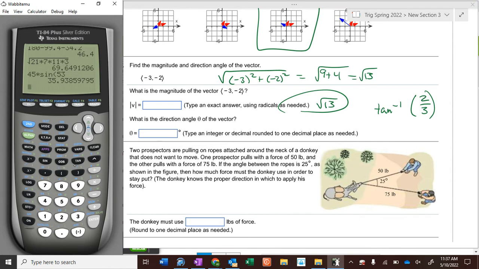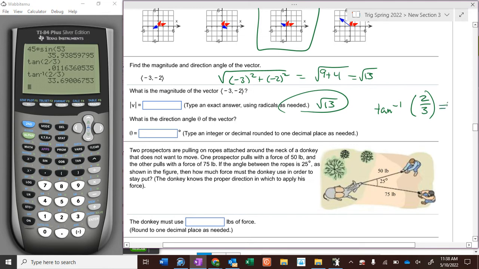So if you go the inverse tangent of 2/3 and just make it positive, you get 33.7 degrees. That's your reference angle.